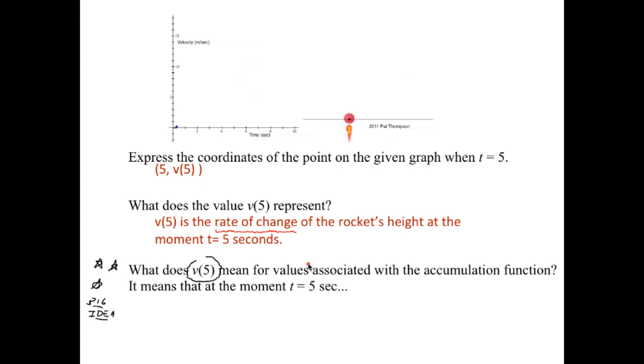The change in height. The change in height is V of 5 times the change in time. Remember this mantra? We spent a day or a week on it, and we've seen it several times. What is the rate of change? It means given a small change in your independent variable, the change in the dependent variable is that value times the change that you picked.